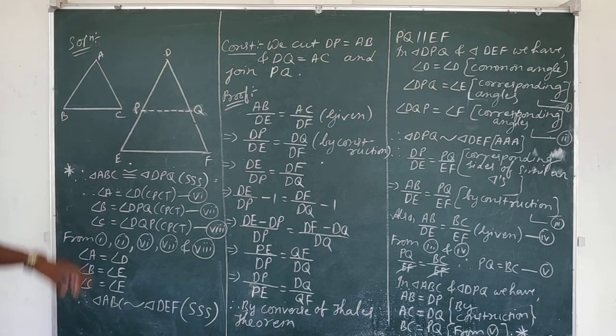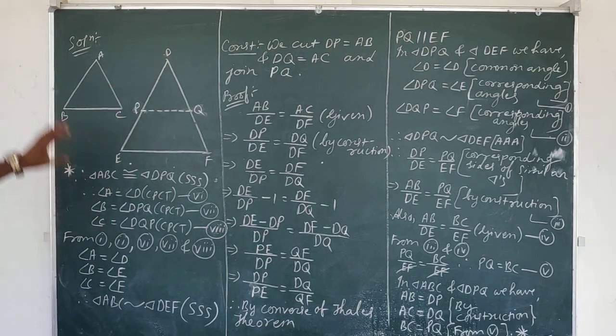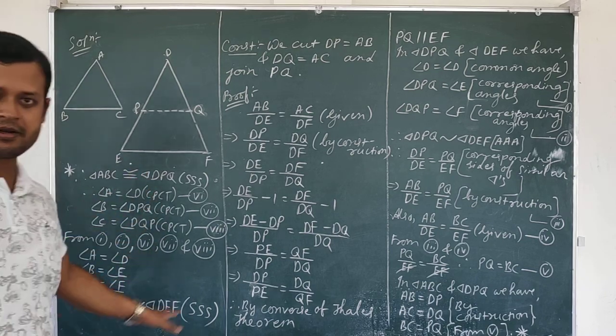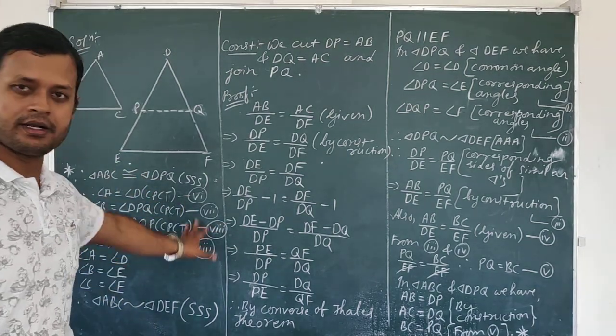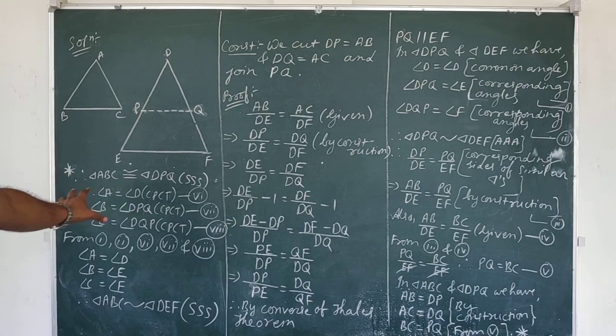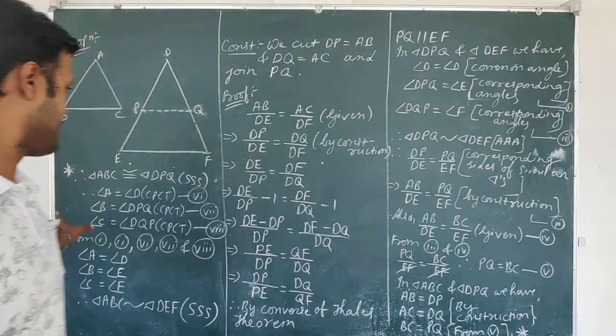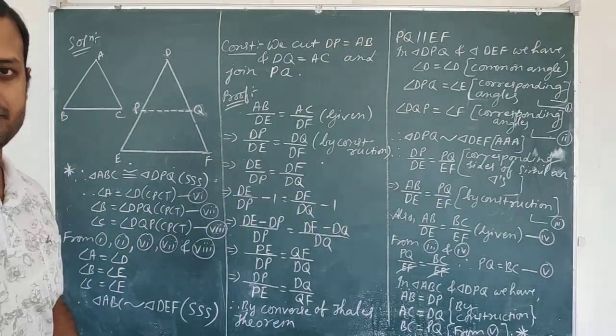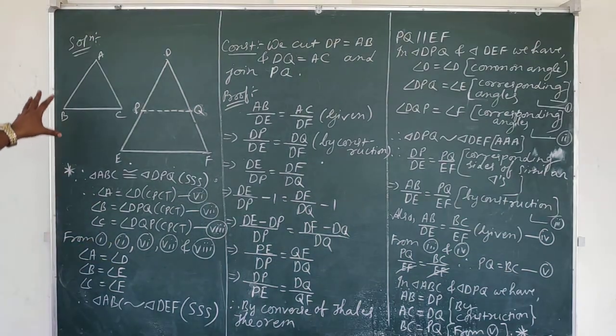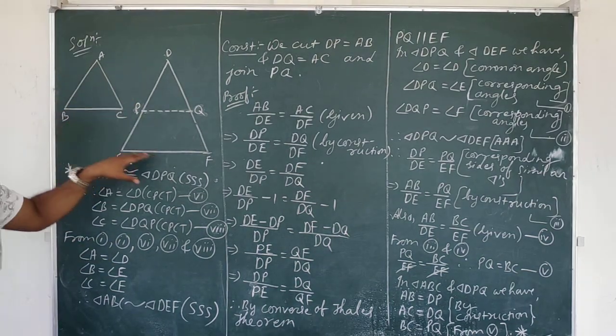I have erased the given part a little bit because I needed a little more space. The given part you will find in the first part of the video. So triangle ABC is there and triangle DEF is there.